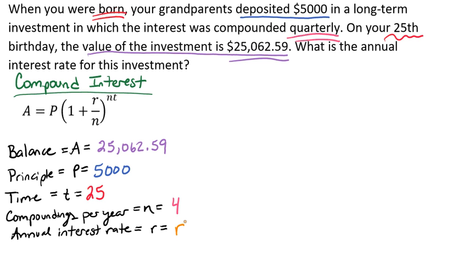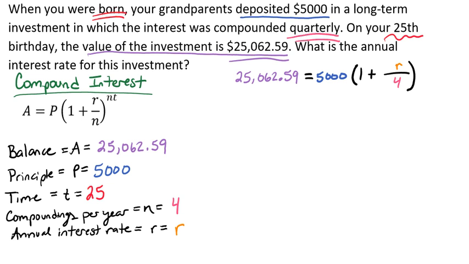So let's go ahead and plug in all of our things into our equation. So we have $25,062.59 equals our principal, which was 5,000, times 1 plus our rate, which we don't know, divided by our N, so 4 times a year, and then we're going to raise that to the NT power.